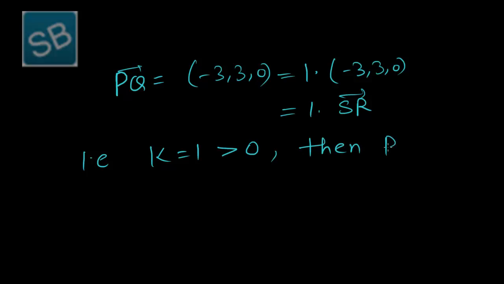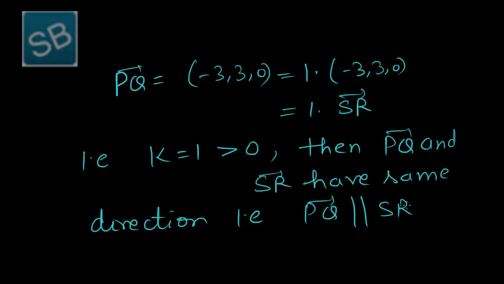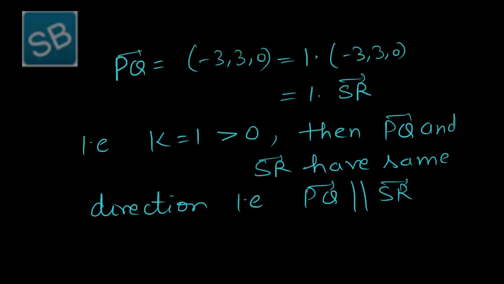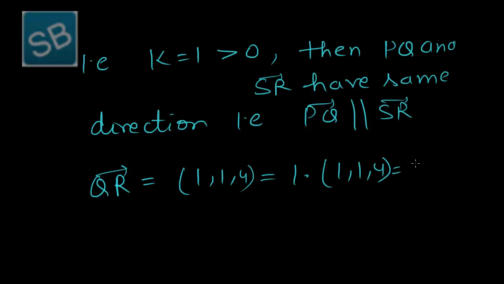Then vector PQ and SR have the same direction. That is, vector PQ is parallel to vector SR. And also vector QR is equal to 1, 1, 4, or we can write 1 times 1, 1, 4, which is equal to vector PS also.